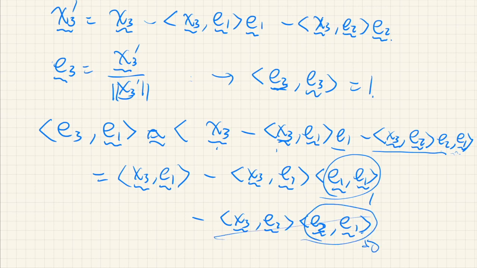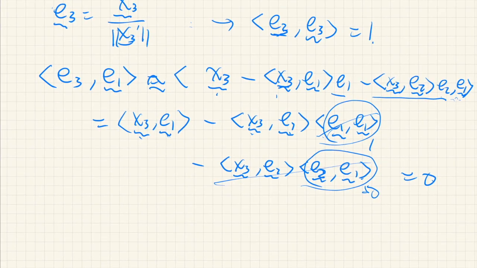So this will be gone. So we can just put it as 1, and x3 times e1, x3 times e1, so that's 0. So they are orthogonal. And similarly, we can see that e3 times e2 is also equal to 0 by similar calculation.